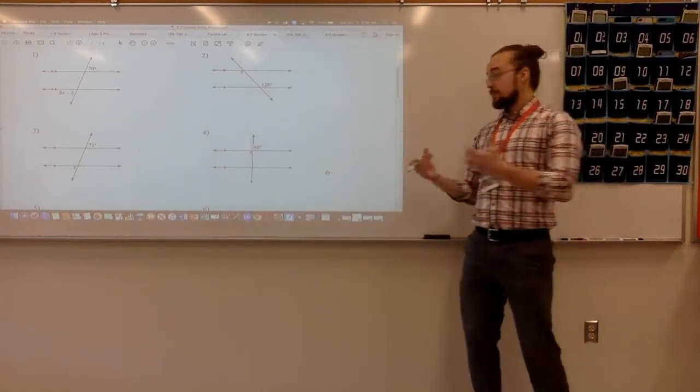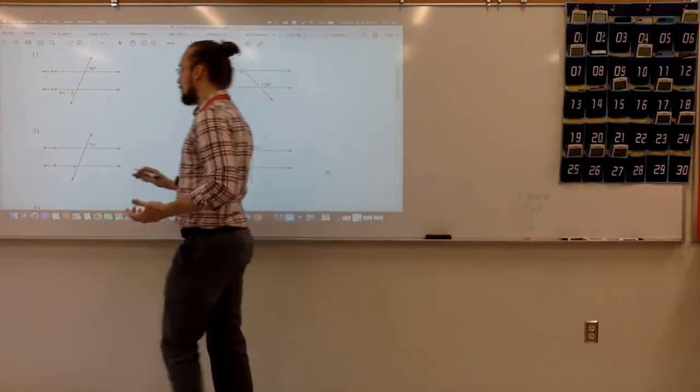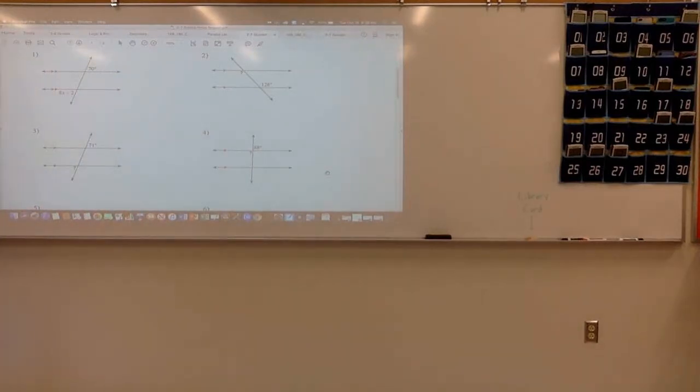So first, let's identify the name of the relationship, okay, and then figure out what that means in each of these questions. So remember, if we have the same number of arrows on two lines, that tells me they're parallel. Right? So I'm told that these two lines are parallel here. So the two angles I'm looking at are this 70-degree angle and this 8x minus 2 angle. What would the name of the relationship be between those first?